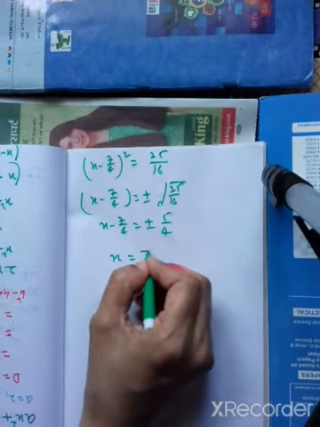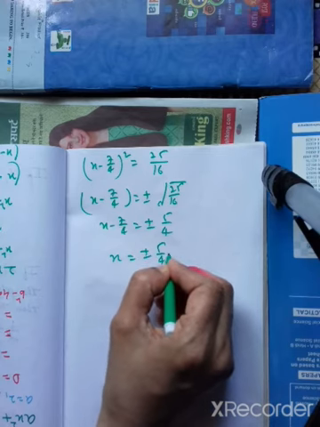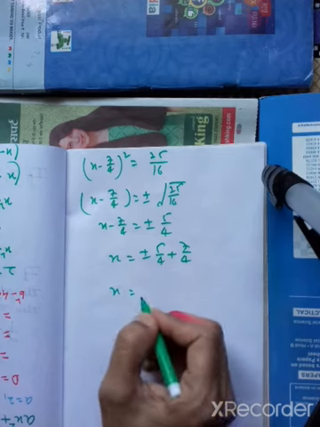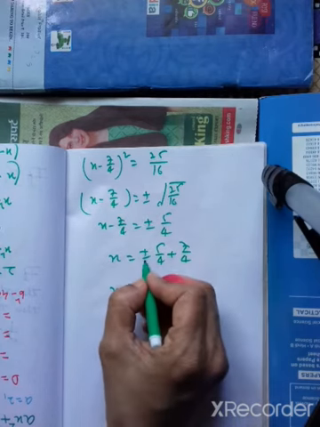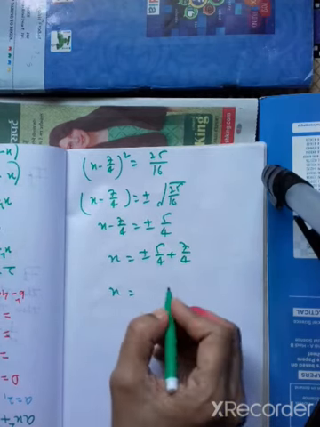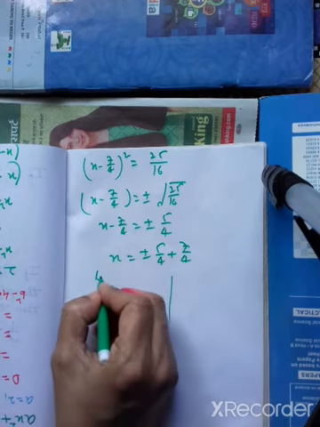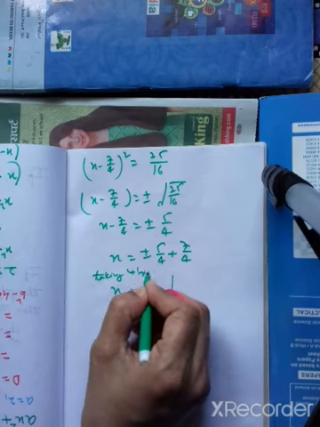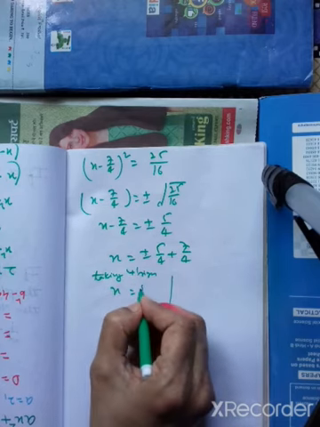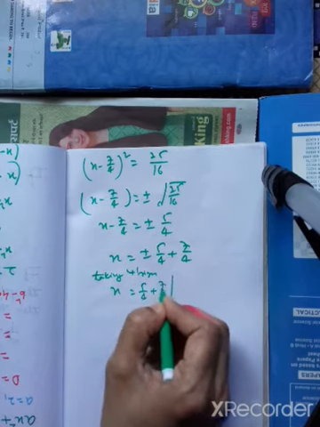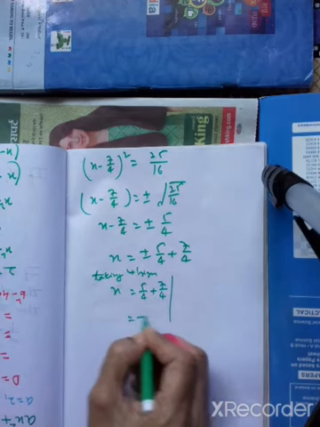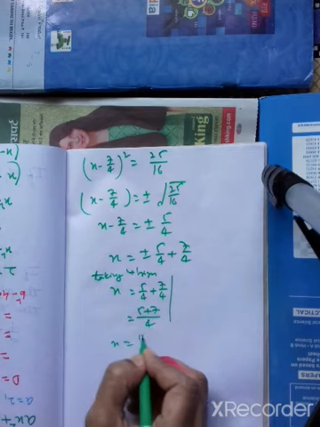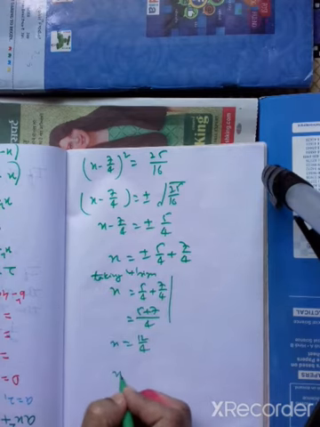So x equals plus minus 5 by 4 plus 7 by 4. Here plus minus is there. Taking the positive sign, x equals positive 5 by 4 plus positive 7 by 4, that is 5 plus 7, 12 by 4. So x is 3.